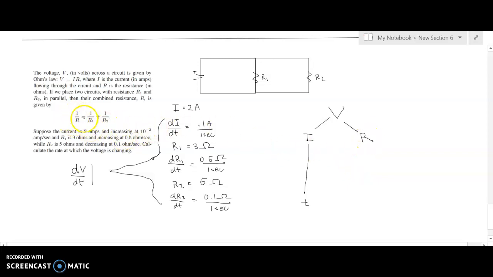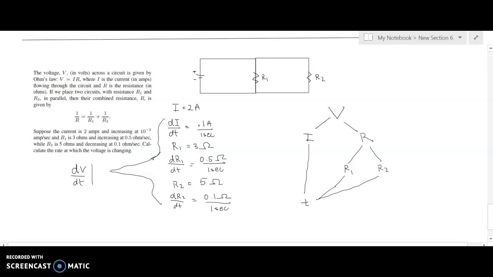Even though the formula is not solved for R, it's 1/R, I know that R is related to two components, R1 and R2, which depend on the individual resistor values. R1 is changing over time, and R2 is changing over time. So this is how our chain looks.